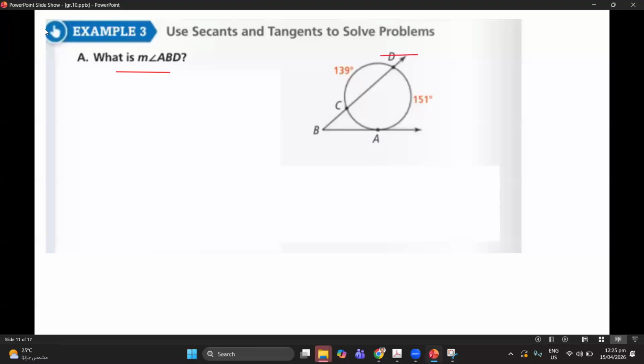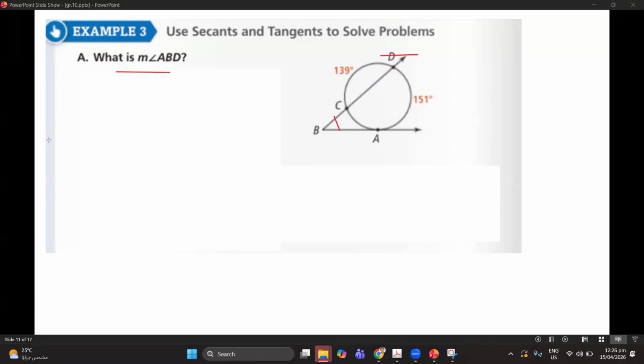Now I need to find the measure of angle ABD. Where is angle ABD? Is it outside or inside? Outside.